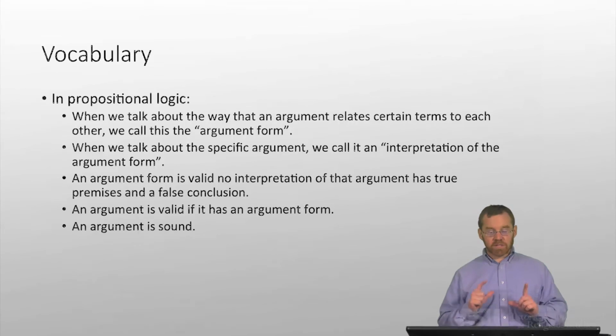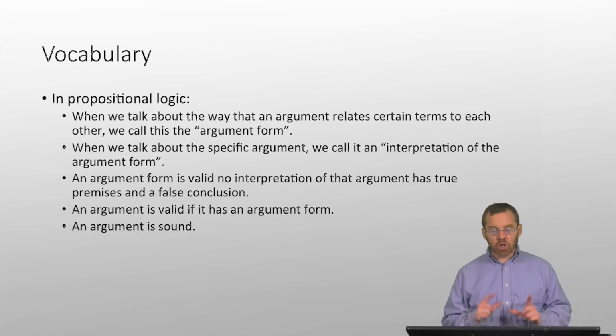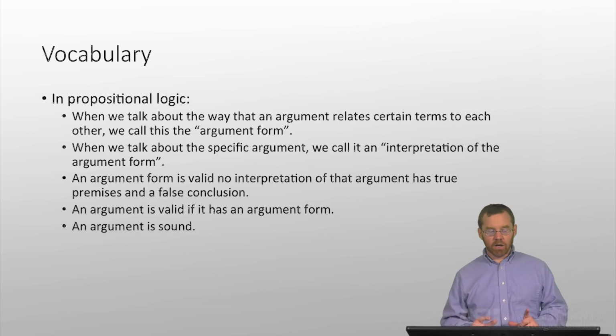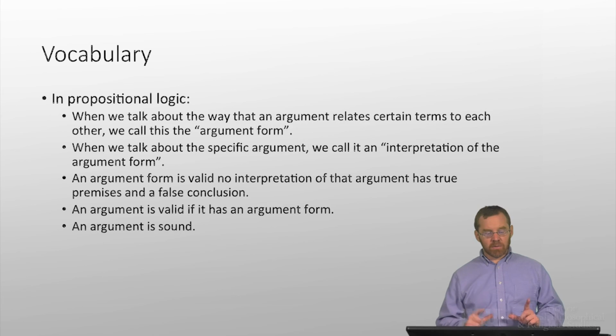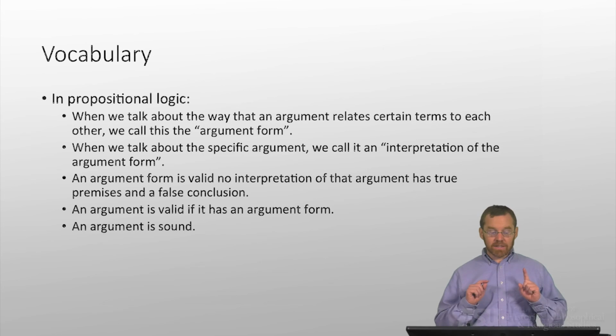When we talk about the specific argument, we call it an interpretation of the argument form. An argument form is valid if no interpretation of that argument has true premises and a false conclusion. An argument is valid if it has an argument form, and an argument is sound if it has an argument form and all true premises.